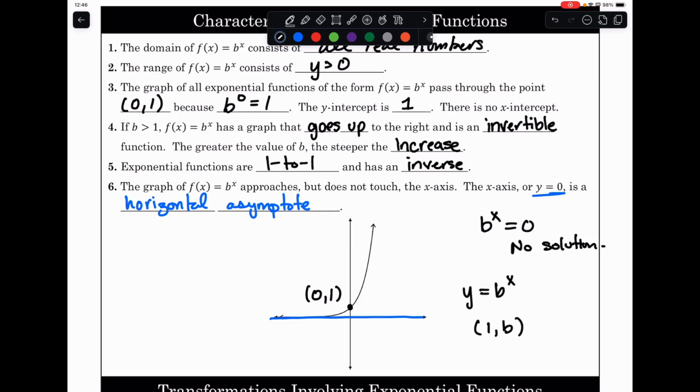So besides crossing the y-axis at 0, 1, there's also going to be a point where the x value is 1 and the y value for that is going to be whatever the base is. So if, for example, y is equal to 5 to the x, then this point here is 0, 1, and this point right there would be 1, 5. If it was 7, then this would be 1, 7, and so on and so on.